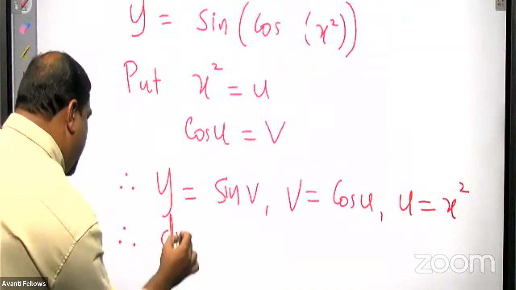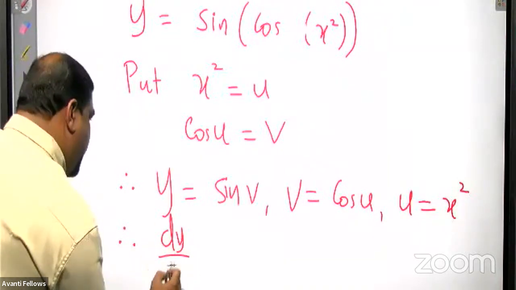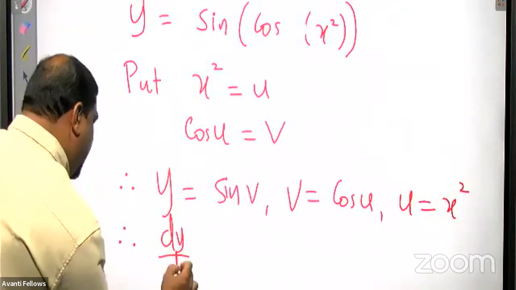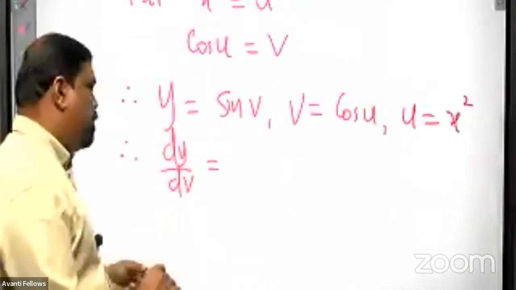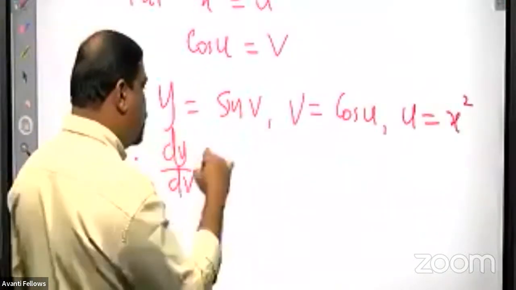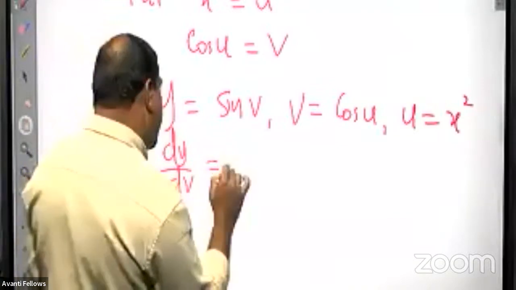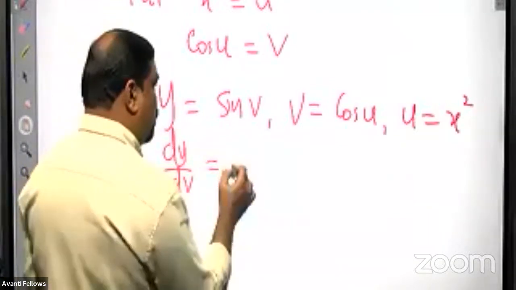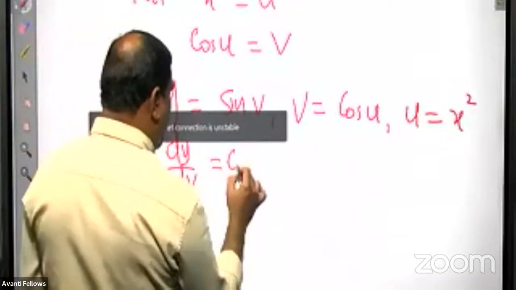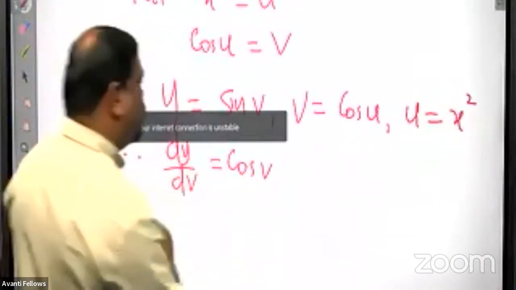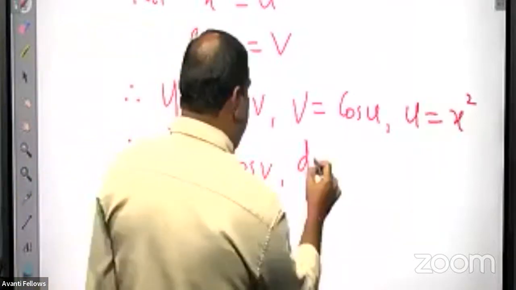So first we will find the dy by dv, because y is a function of v. So dy by dv means derivative of sine v with respect to v. That everybody knows. What is the answer? The answer is cos v. Okay. Now let us find dv by du.